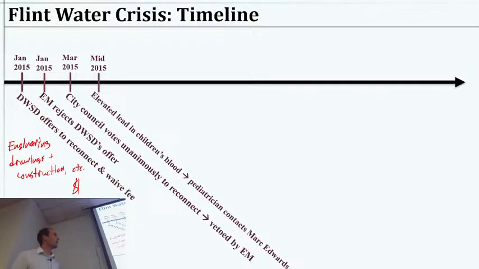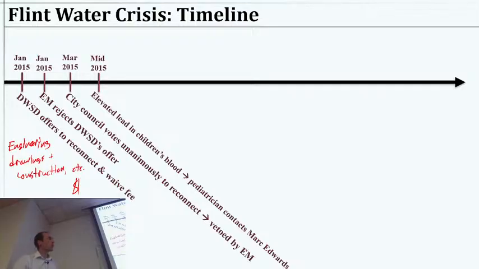I forget her name, but you can definitely find it in some of the literature or the Mark Edwards video. She ends up getting in touch with Mark Edwards, who is a professor at Virginia Tech, environmental engineering, who had worked on some distribution systems and related lead issues in DC and some other things. So he's done a lot of work on corrosion, on lead pipes, on distribution systems. And so she ends up getting in touch with him.